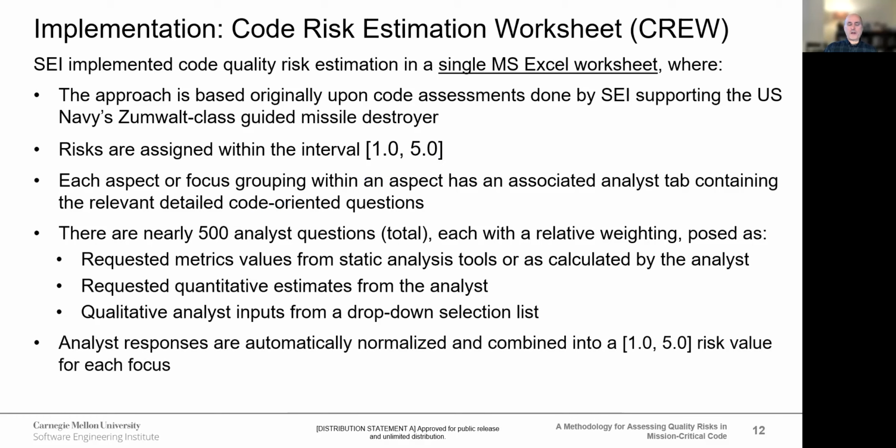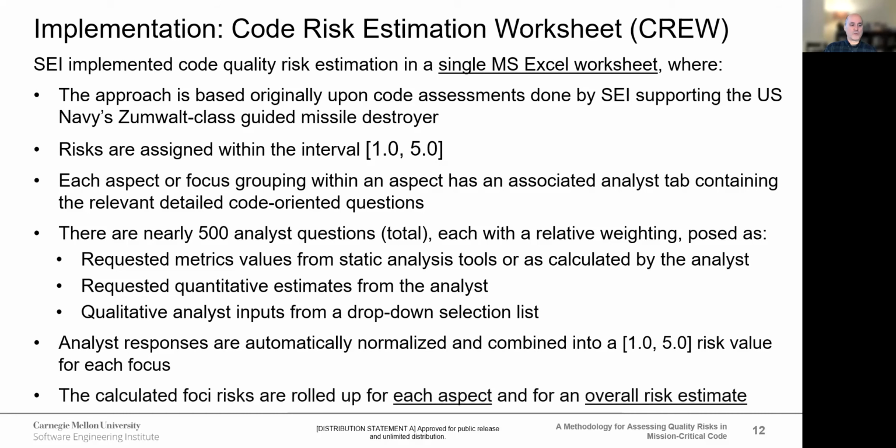And the analyst responses are normalized and combined by CREW into a 1 to 5 risk value for each focus. And then each of those focus risks are rolled up for their particular aspect and rolled up further for an overall risk estimate for the code base.